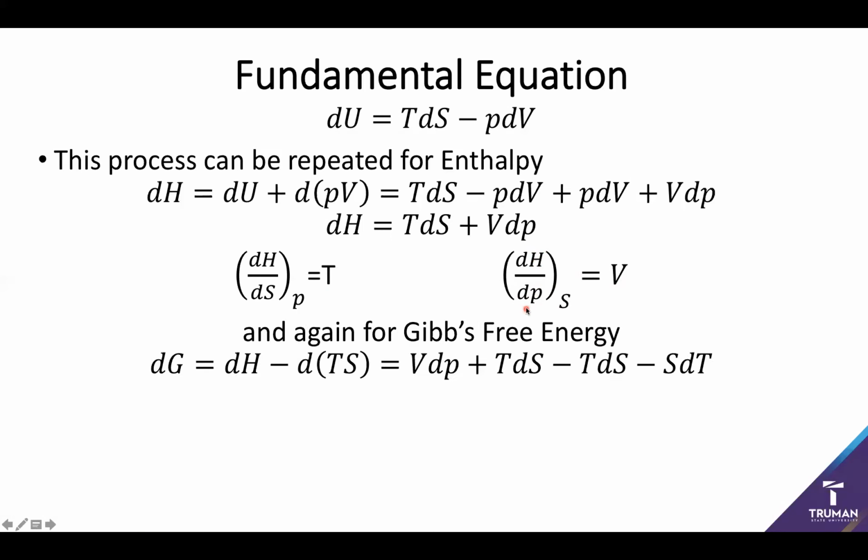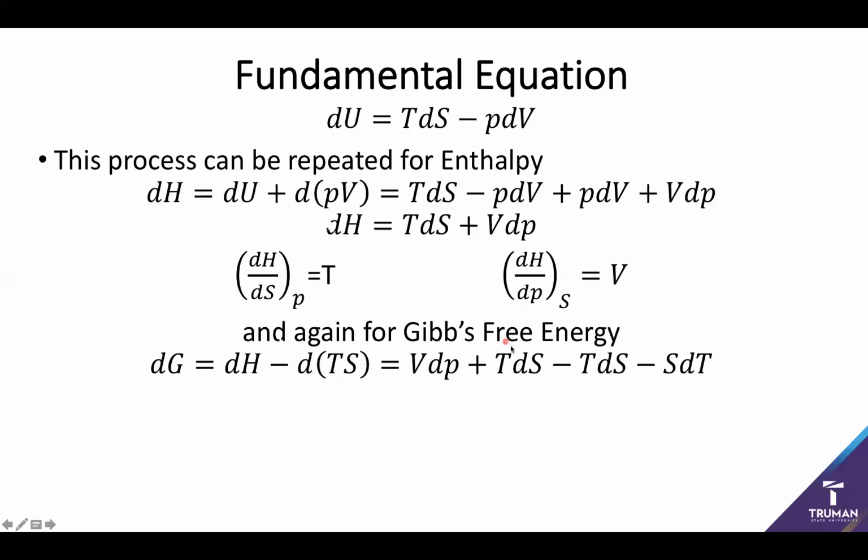And again, we can repeat the same idea for the Gibbs free energy, because just like Helmholtz and internal energy were related by negative dTS, it turns out so is Gibbs and enthalpy. So we can again insert our equation for the enthalpy into our expression, and what we get is VdP plus TdS minus TdS minus SdT.